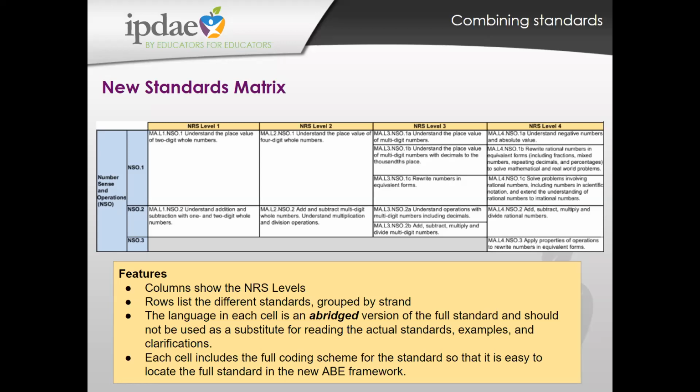So you'll see the columns still represent the NRS levels. And the rows list the different standards that are grouped by strands, right? So within number sense and operations, there's standard 1, NSO1, standard 2, NSO2, and standard 3, NSO3.